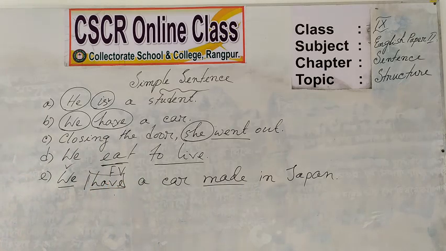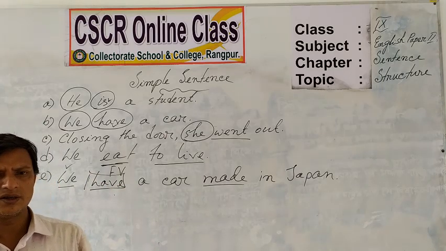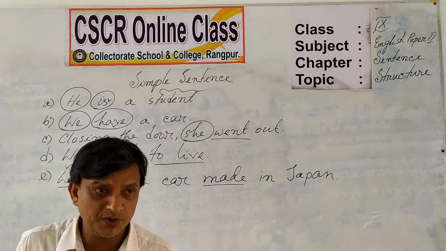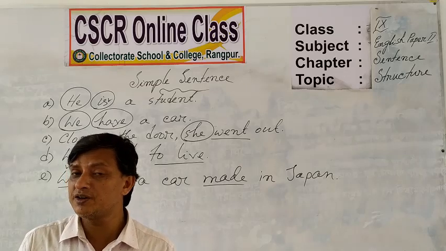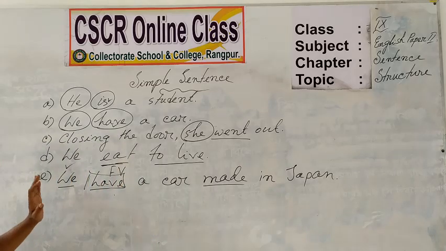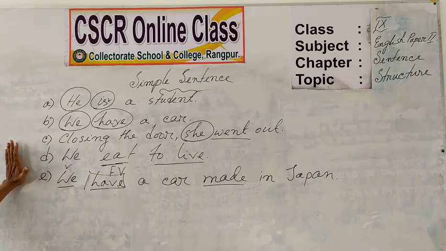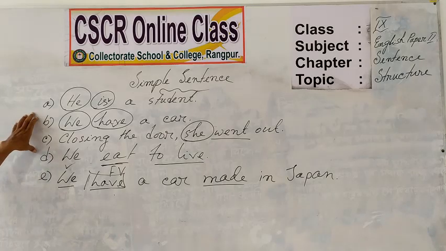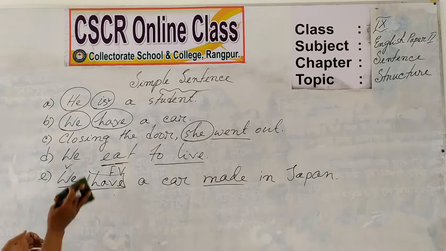So how many verbs are in a sentence does not matter. If we find only one finite verb and only one subject, then we can define the sentence as a simple sentence.